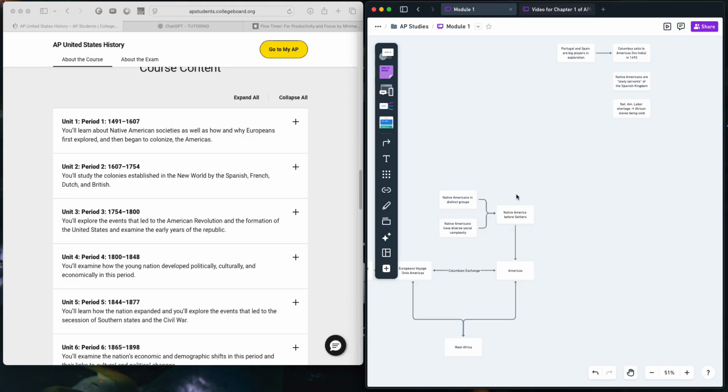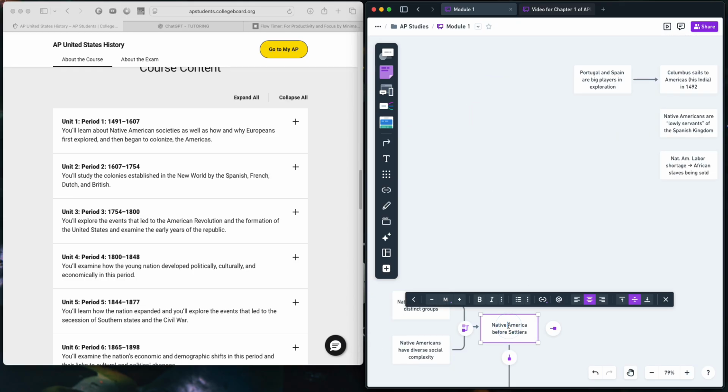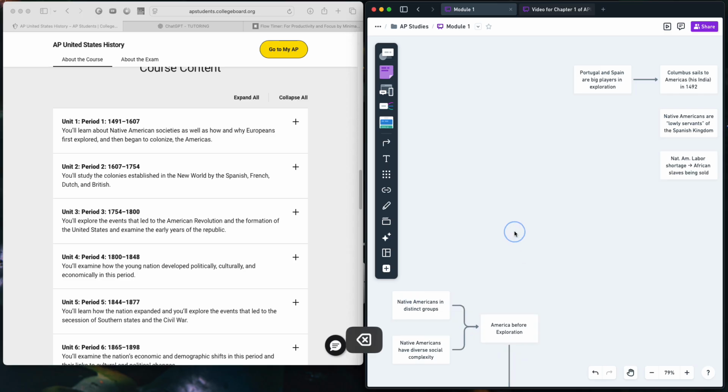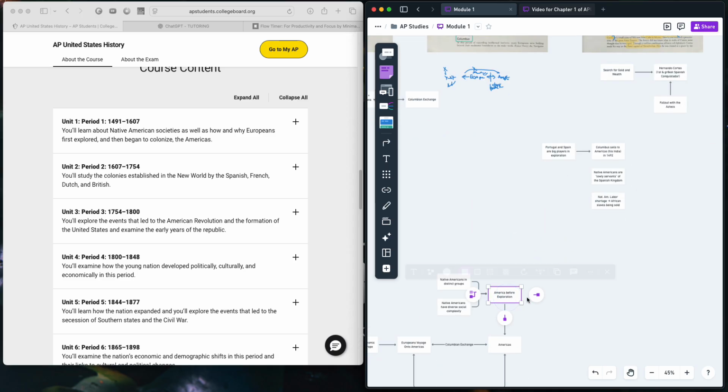Okay, so we have that. Instead of Native America, I'm just going to say before exploration. If I look back at it and I say Native America, I'm thinking of Native Americans, but I'm not thinking of what America was like before exploration.